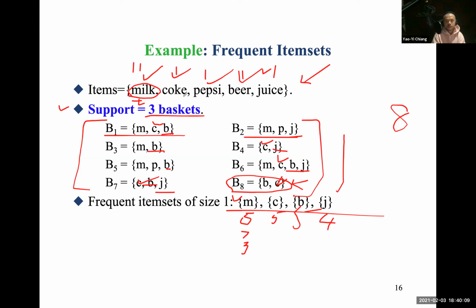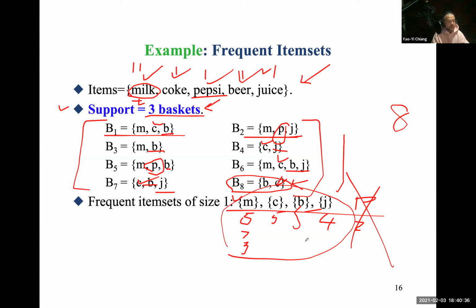What else? We have Pepsi. What's the support for Pepsi? 1, 2. Okay, this is difficult. All right, 2. Based on your support threshold, we know that Pepsi is not frequent, and we know all others are frequent. That will be your M, C, B, J.